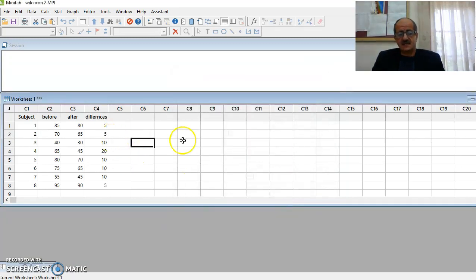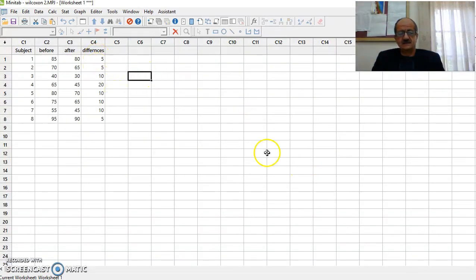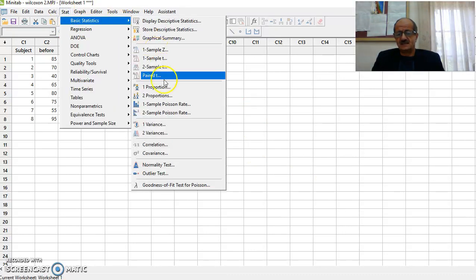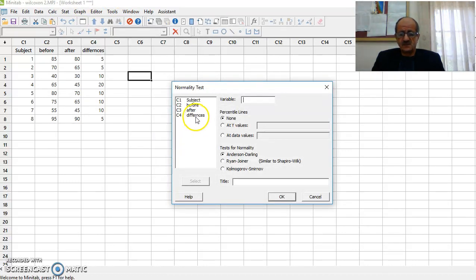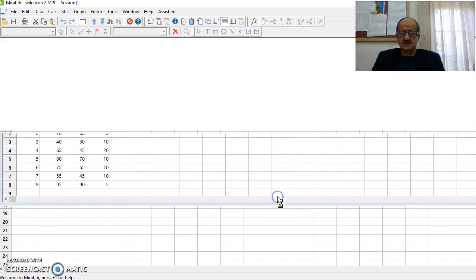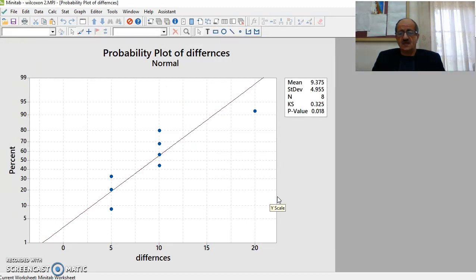Let's go now. So here's our data that we want to work with. Okay, these are the data, right? Now we want to test the normality. Statistics, basic statistics, normality test, differences. Okay. Now here is the outcome of the result.